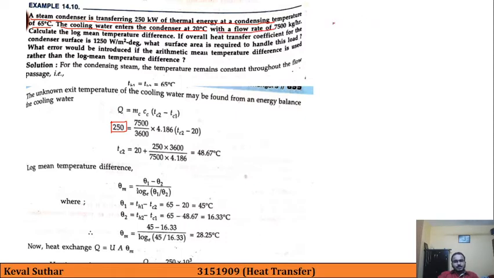So here we are given TC1, which is equal to 20 degrees Celsius, with mC equal to 7500 kilojoule per hour.